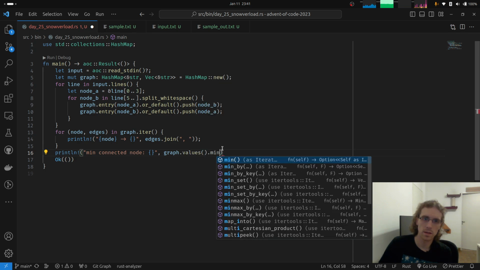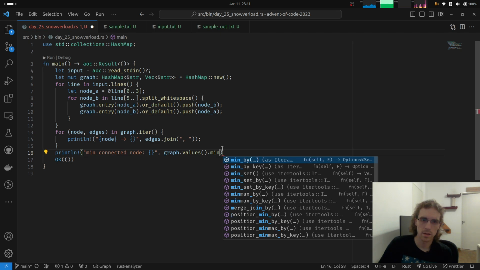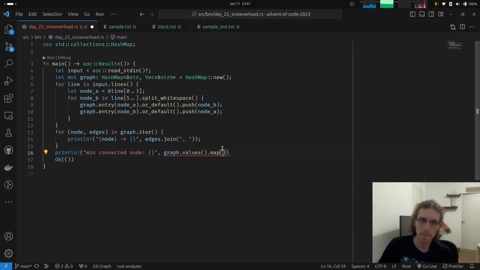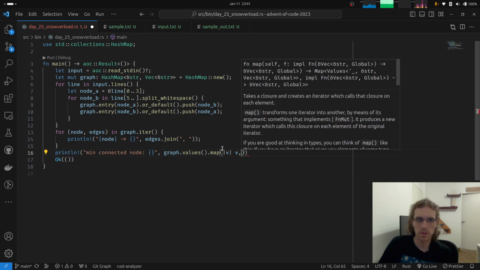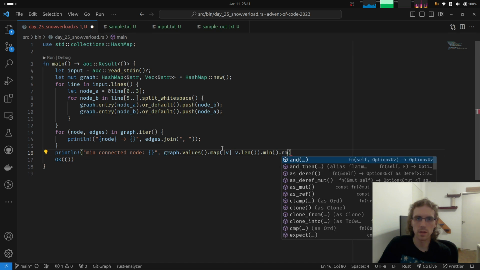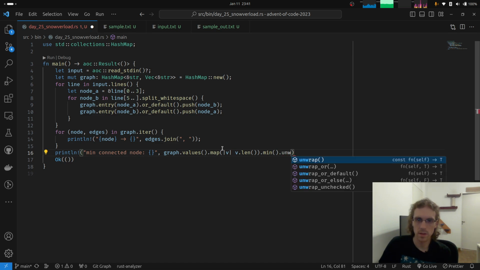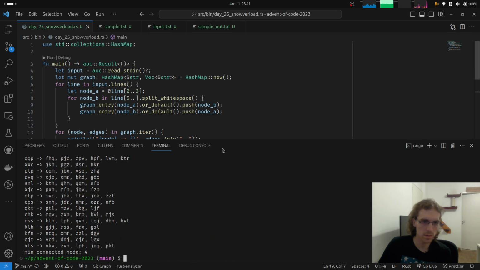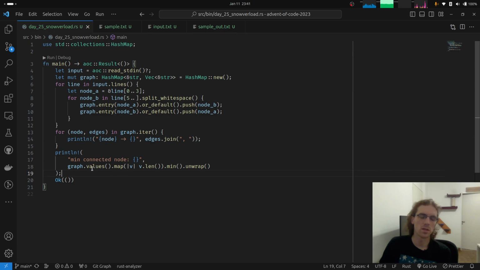Get me the min, or just map into, this is gonna be a vector, so let's just have the length of this thing, and give me the min of this, and just unwrap this thing. We know that there's gonna be a minimum. Okay, 4. So even in the input, this was the real input, there's no trivial solution. Okay, makes sense.